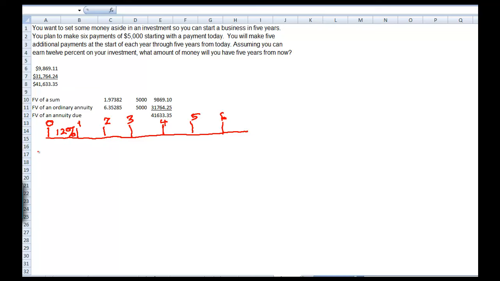And so we're going to invest, starting in year 0 or today, $5,000 for each of the next 6 years. So it'll look something like this. Hopefully your writing is a little better than mine, but I think you get the idea.